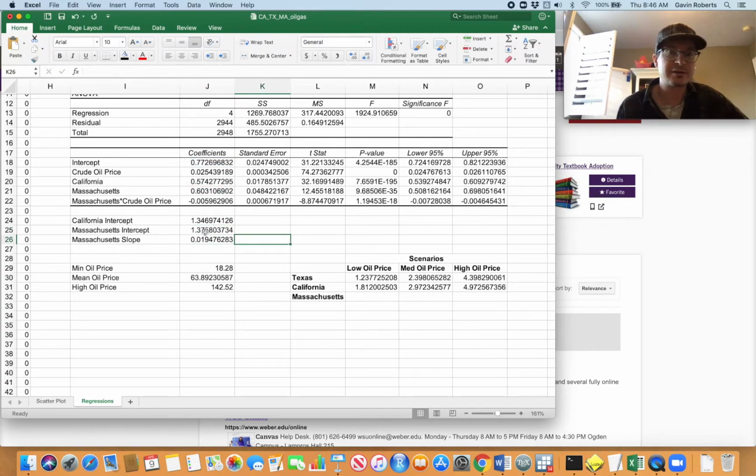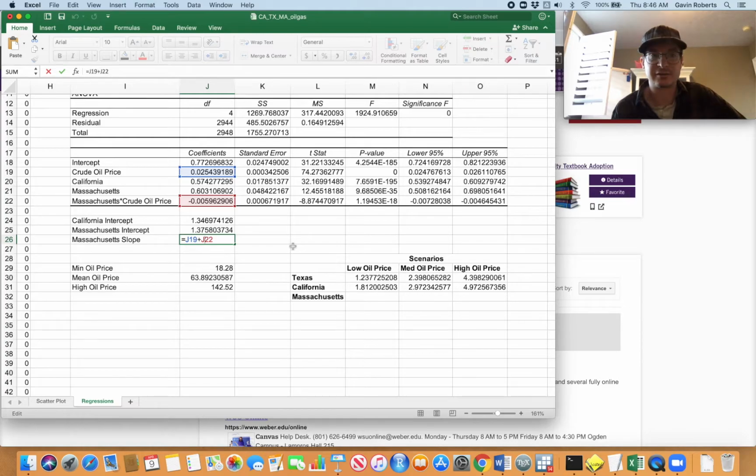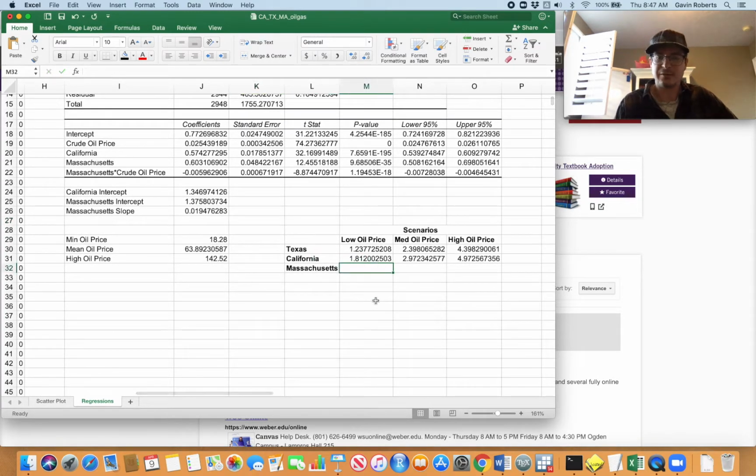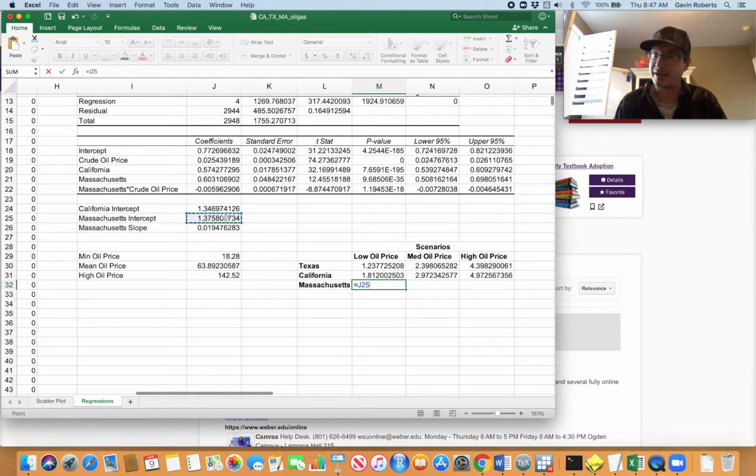Now I've already calculated that different slope, which just takes the regular crude oil slope and then adds this negative number, or subtracts 0.006 from it. So let's go for Massachusetts now. The low oil price scenario is going to equal the Massachusetts intercept plus the Massachusetts slope times the small oil price.